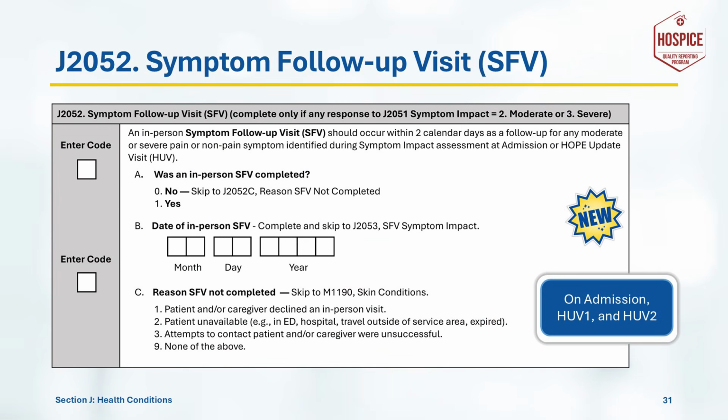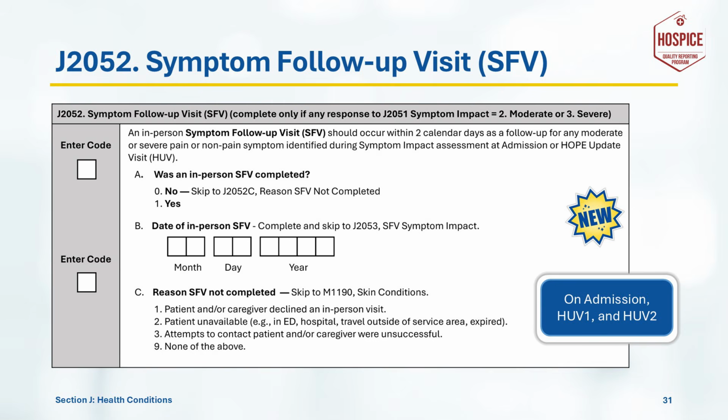The next new item is J2052, Symptom Follow-Up Visit, also known as SFV. Like other symptom data elements, this one is also collected on admission at HUV1 and HUV2 only if the clinician identifies any symptom in the prior data element, J2051, symptom impact, as having a moderate or severe impact on the patient.